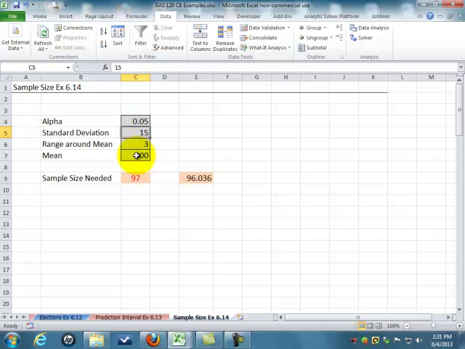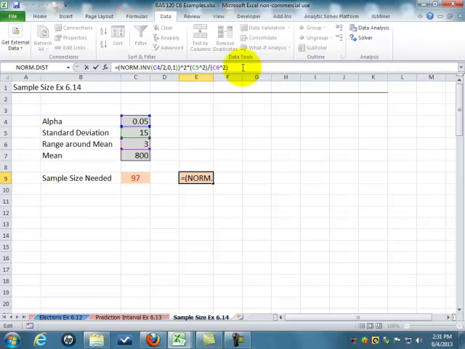We have this standard deviation, this mean, and we want to be plus or minus 3. We want to have a range of plus or minus 3. So what we do is we come up here and we find our z-score with the NORM.S.INV.